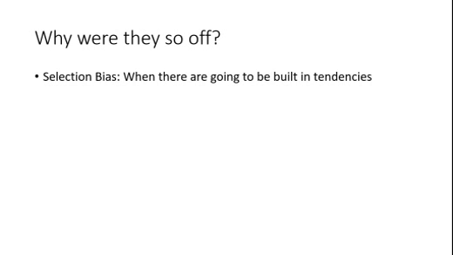Now, part of it was the selection bias. What a selection bias is: built-in tendencies in which a certain group is either favored or not favored in selecting. So in this case, the people that were picked in 1936, what was going on? Think about what was going on in the 1930s. In the 1930s, we were in the middle of the Great Depression. People weren't living where they originally were living.